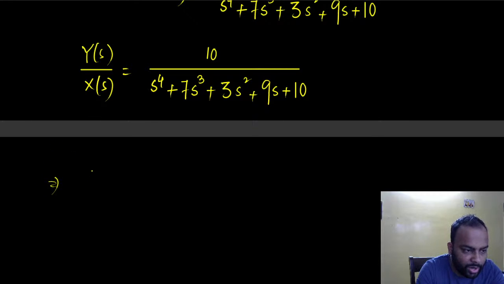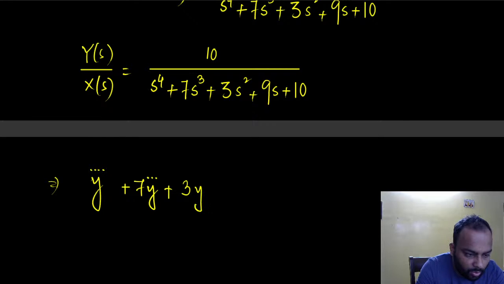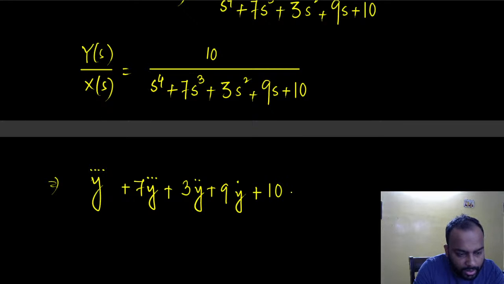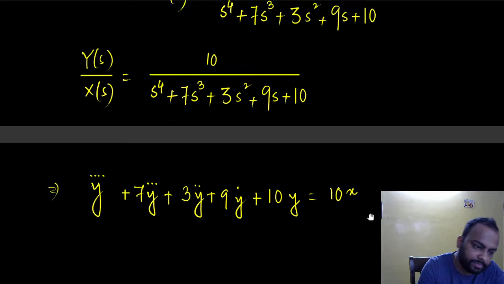So eventually we are going to end up with y quadruple dot, which I write as y4, plus 7y triple dot plus 3y double dot plus 9y dot plus 10y equal to 10x.